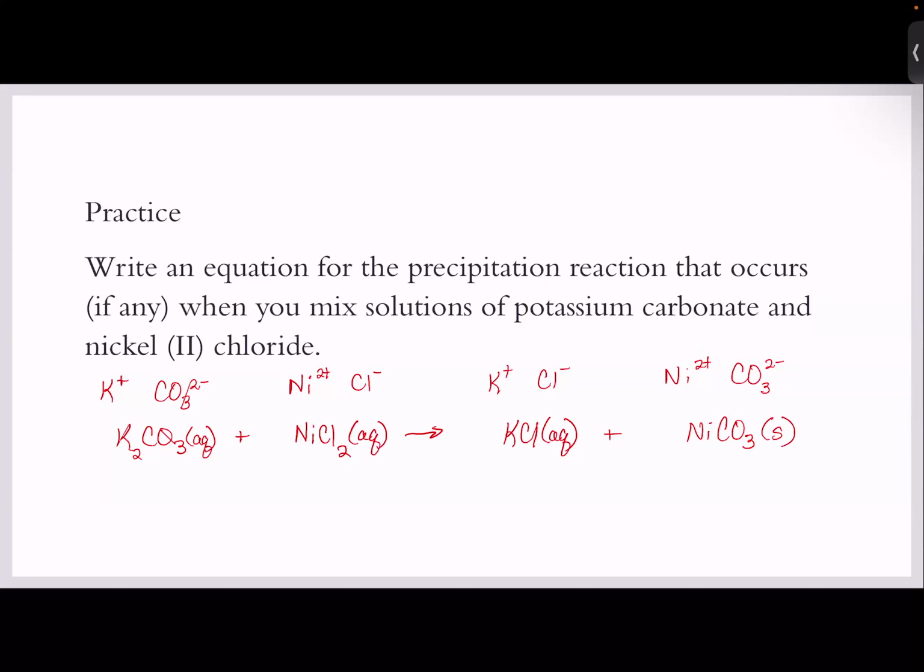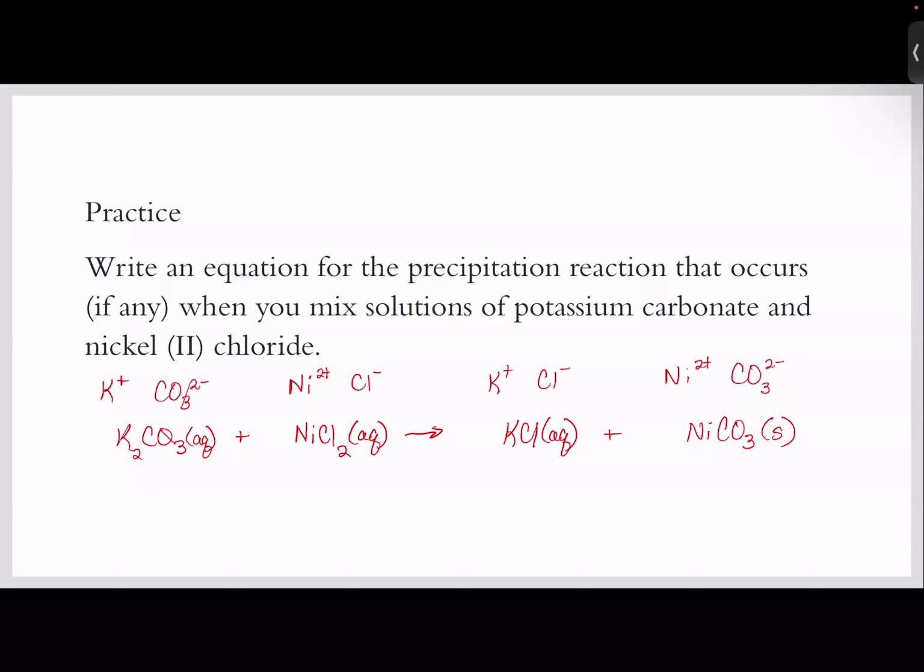We know nickel 2 carbonate is a solid because the carbonate rule says that all ionic compounds are insoluble, or solid, except for group 1 and ammonium. Since this isn't one of the exceptions, it follows the solubility rules and therefore it is a solid.